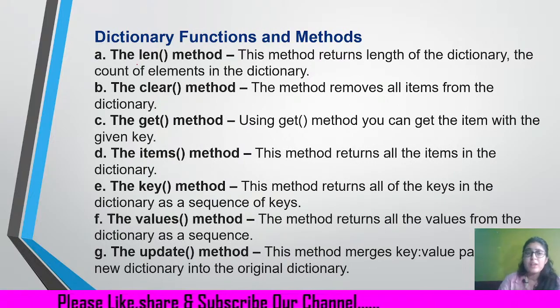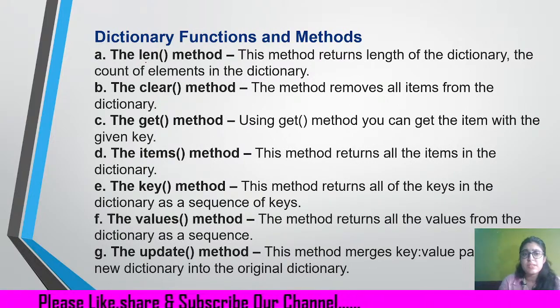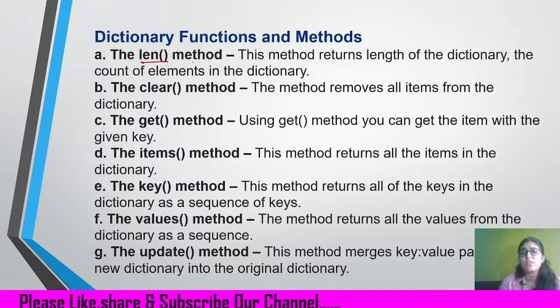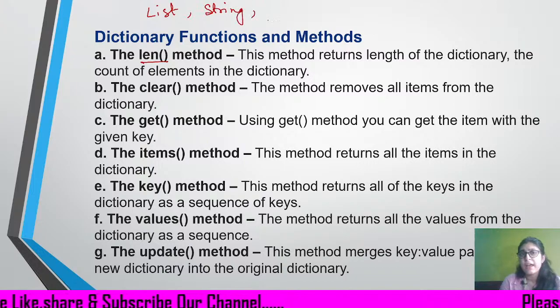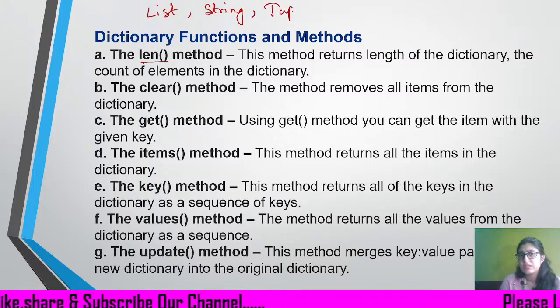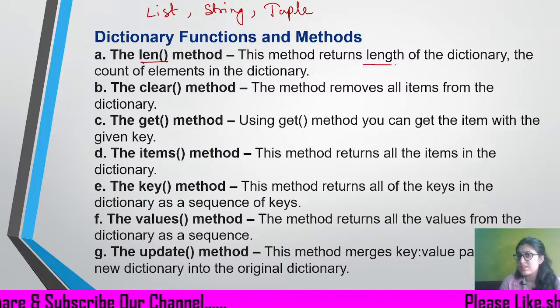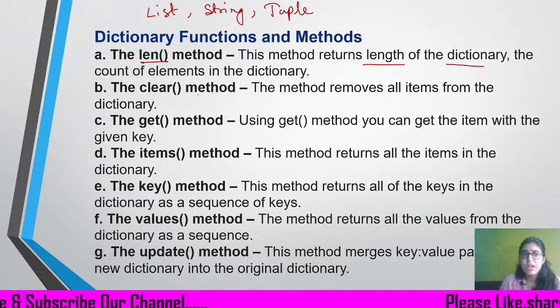Now we will see the len method, which we have already used for list, string and tuple. This method returns the length of the dictionary, the count of elements in the dictionary.